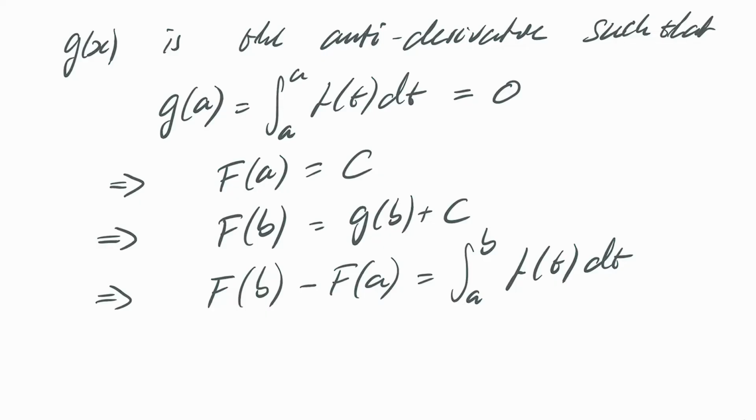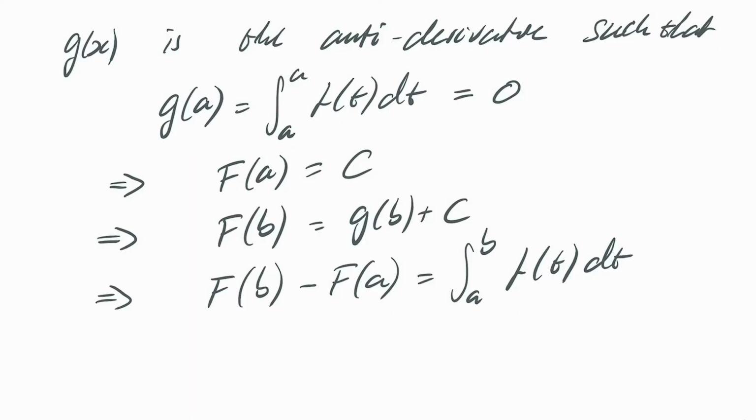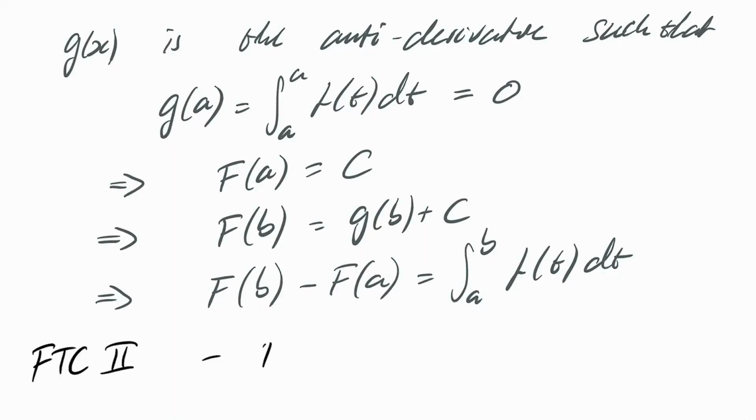So what we've done there is show how to evaluate an integral given an antiderivative of the function. If we know an antiderivative of the function, doesn't matter which one it is, we can evaluate the integral by just calculating the difference in the function between the two limits. And this is the second part of the fundamental theorem of calculus, and it's known as the evaluation theorem.